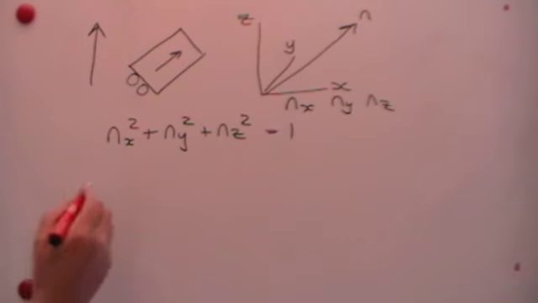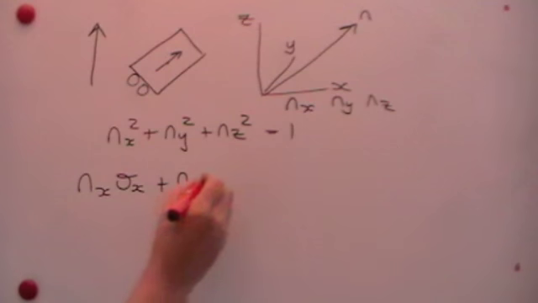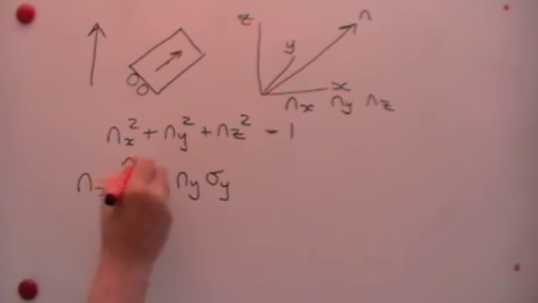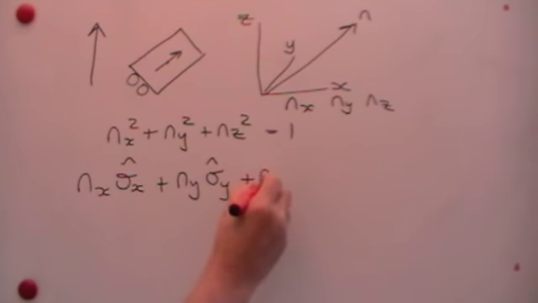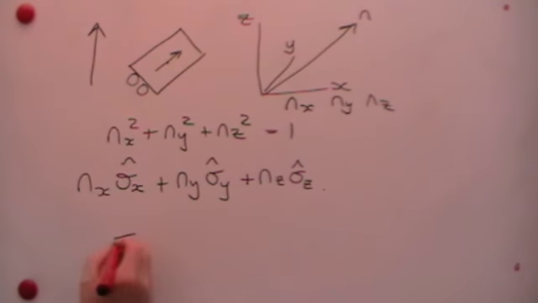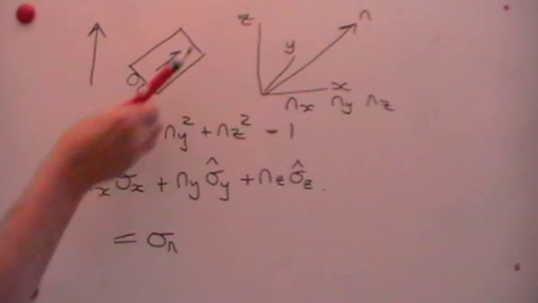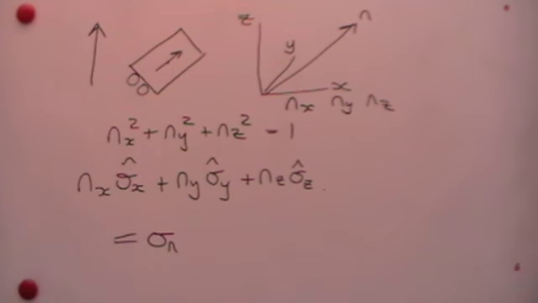So in other words, what we're saying is that this operator can be represented as nx times sigma x plus ny times sigma y, these are of course operators, plus nz times sigma z. And that will be essentially the operator n, where n is this particular angle, which, don't forget, may have an in or out of the board element.